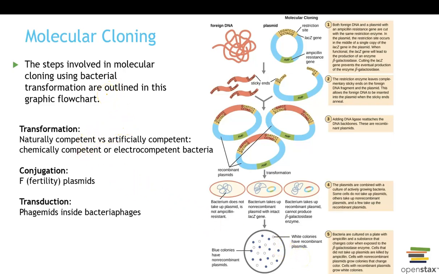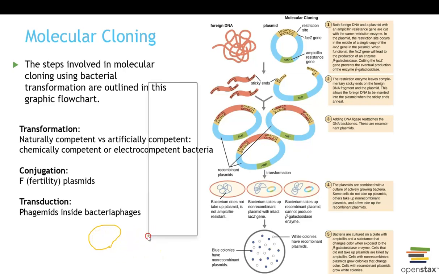Let's talk about some of the steps that we use to do the transformation of the plasmid into the bacteria. If you remember, I told you transformation is one of the techniques that prokaryotic cells use to get diversity. So we're going to use this characteristic of the bacteria to do cloning, or making recombinant DNA and cloning it.